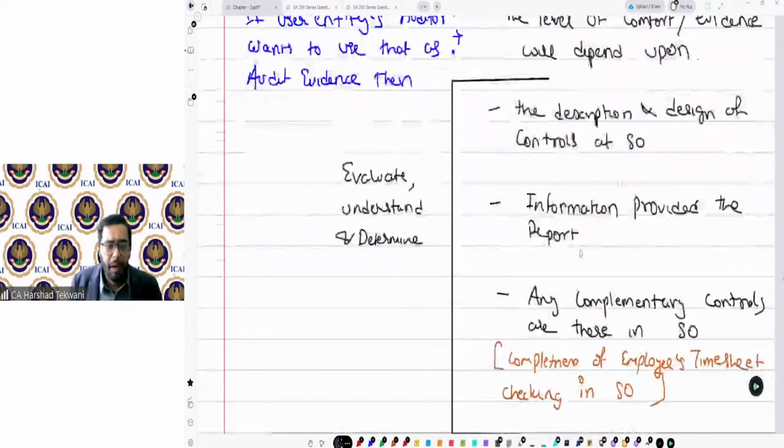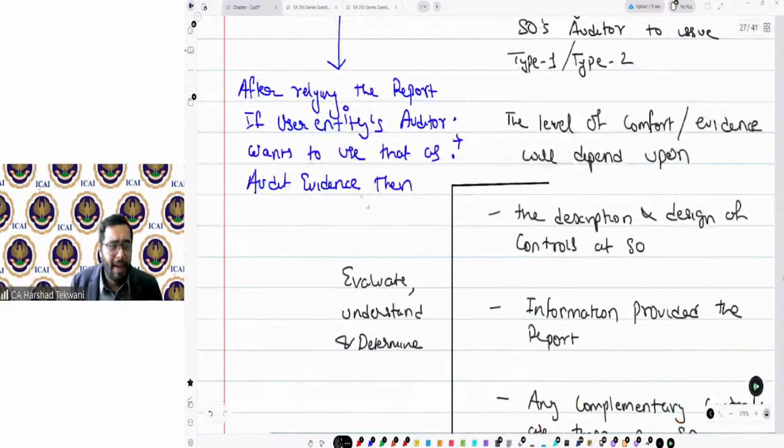On the basis of this, I can conclude whether I am getting sufficient and appropriate audit evidence or not. When I'm using a type 1 report, the description will be good.